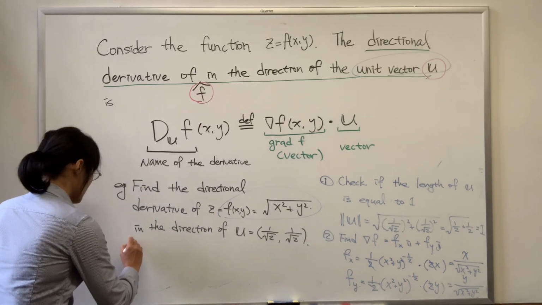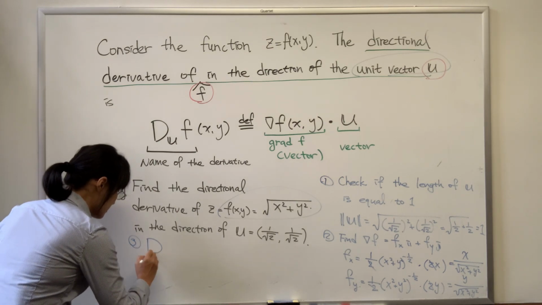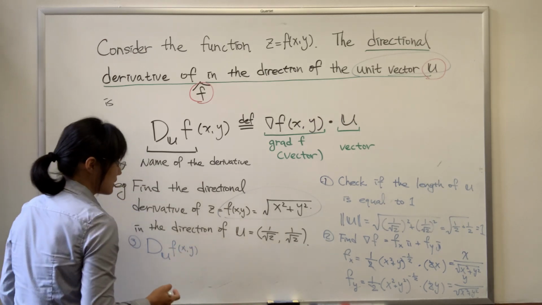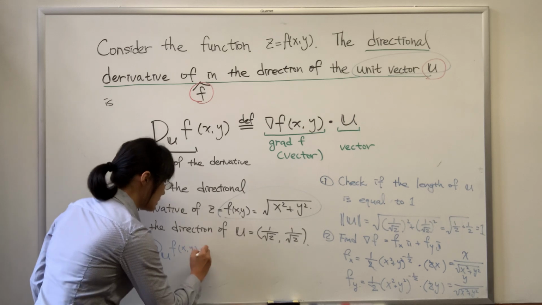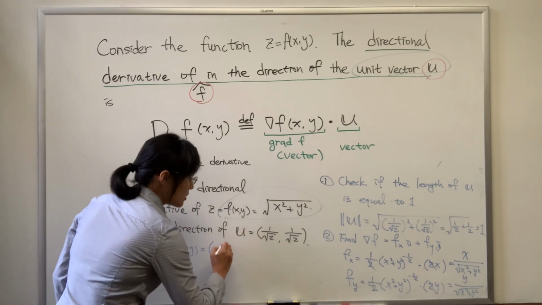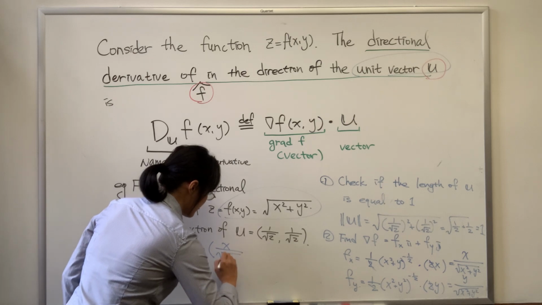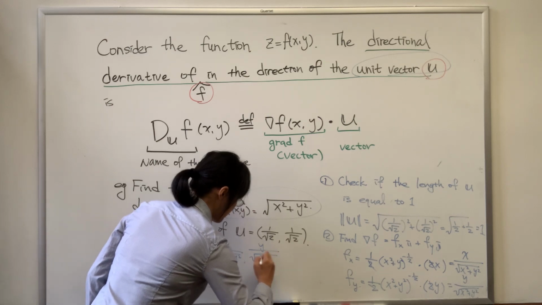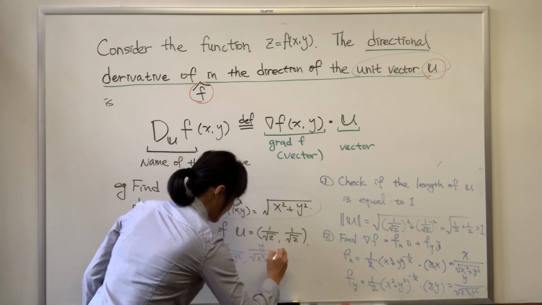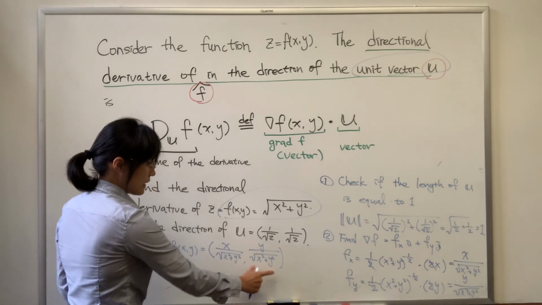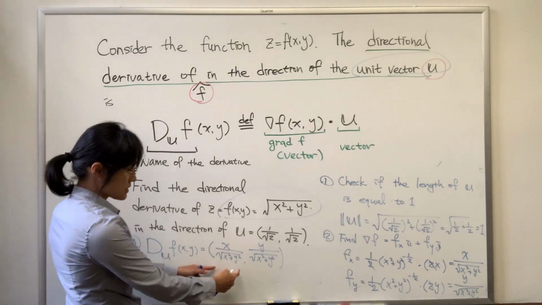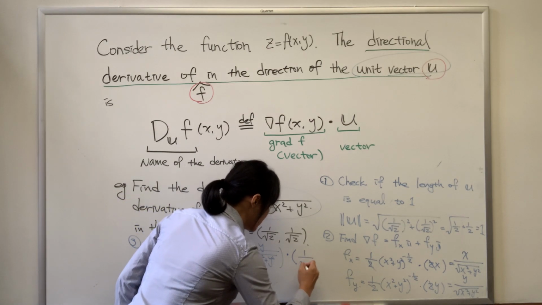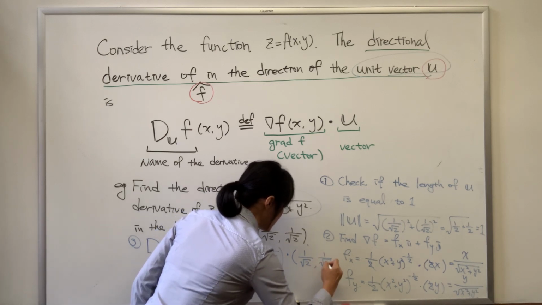Step 3: the directional derivative of f in the direction of u is gradient f, so that's this vector. Even though it's a function, it is still a vector, dotted with the unit vector 1 over root 2, 1 over root 2.